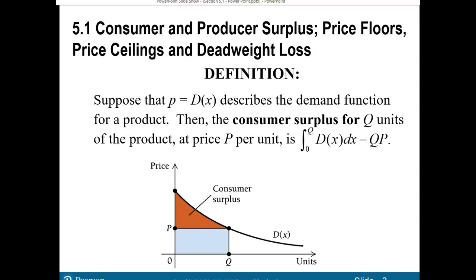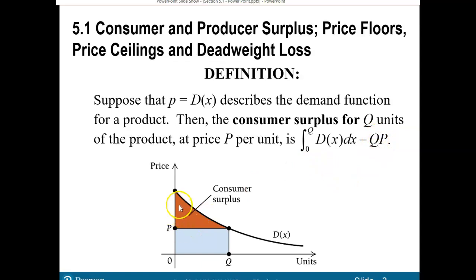Graphically, if this is our graph of our demand function, that typically will be a decreasing function. Units of your product is your horizontal axis, so there's the Q. Price is your vertical axis, so here's the P value. The ordered pair (Q, P) on your demand curve, the product of those numbers, is this part of your formula.